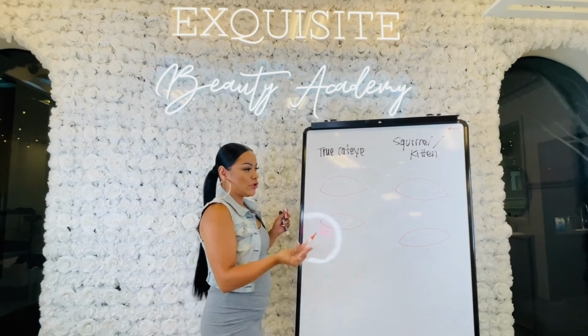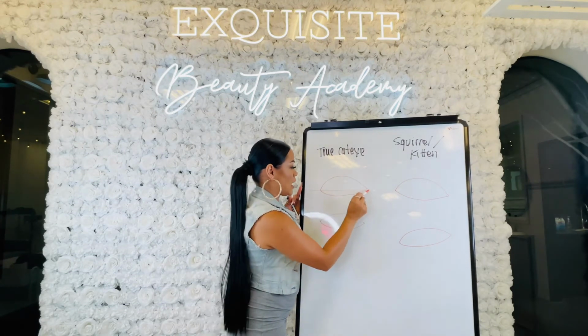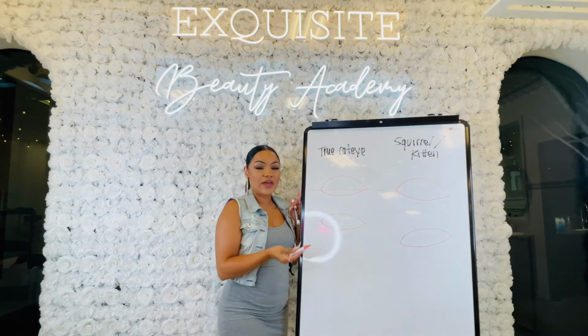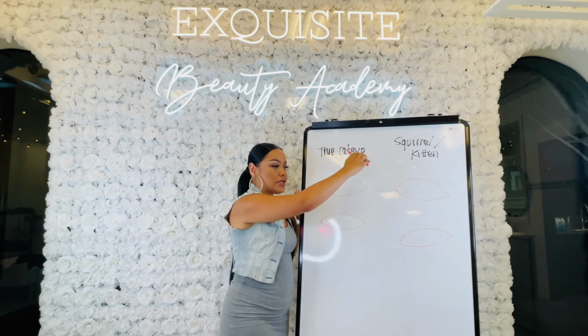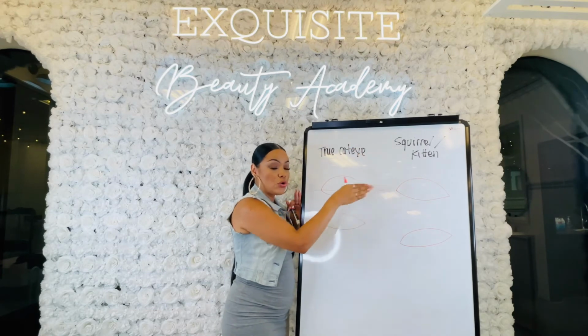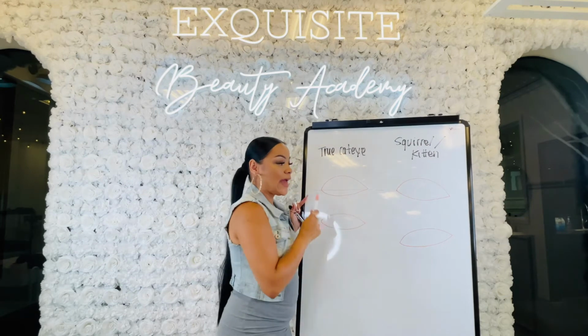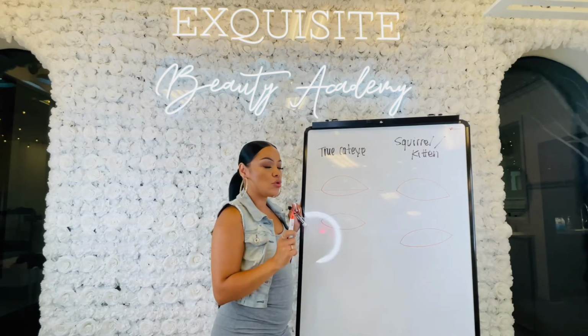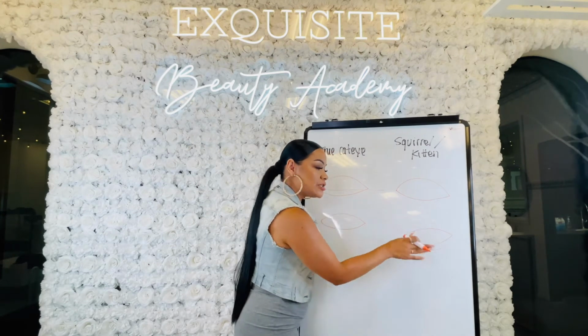Okay, so if you were to look at someone from the front and divide the eye in half, that's how you would tell if the outer corner of their eye is downturned or upturned, or if their eye is level.